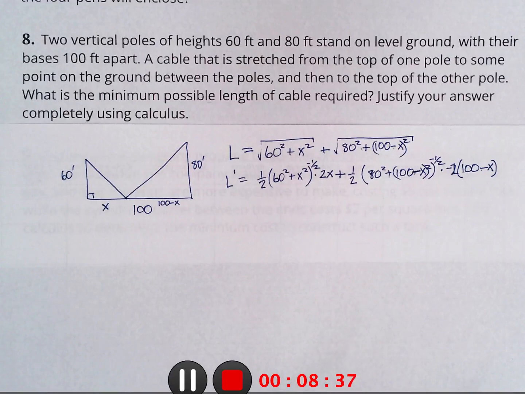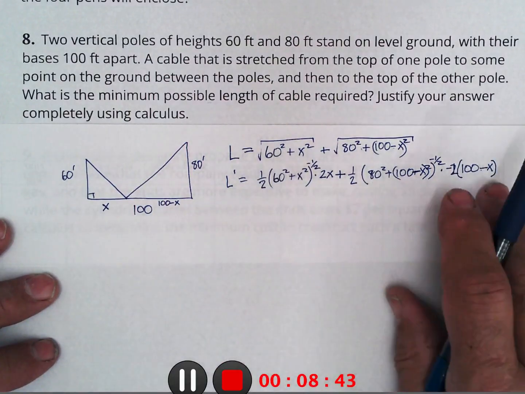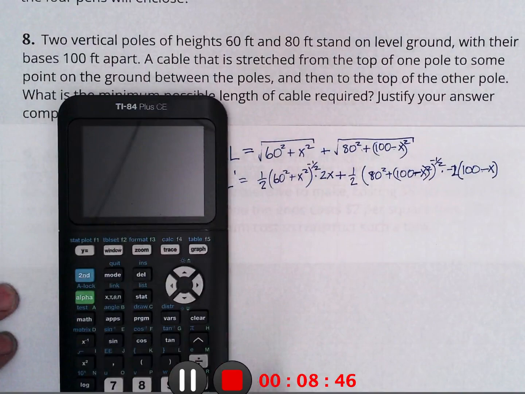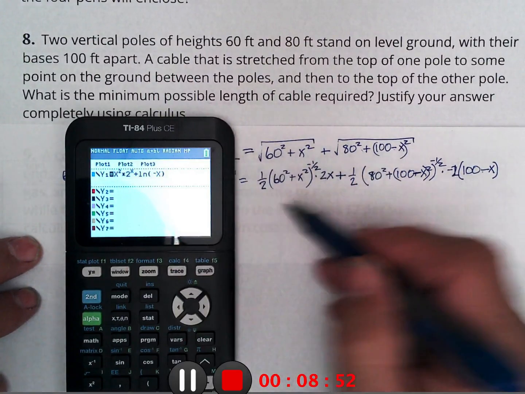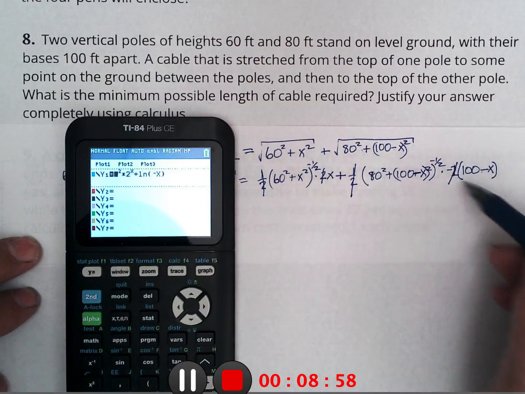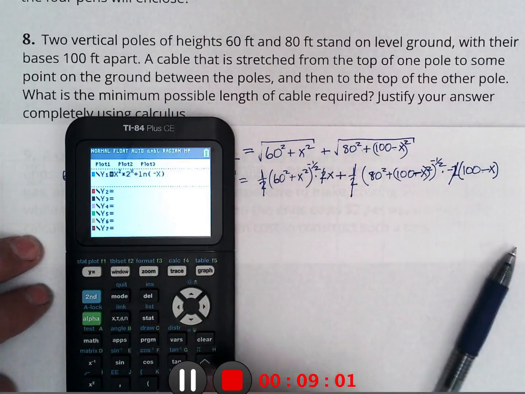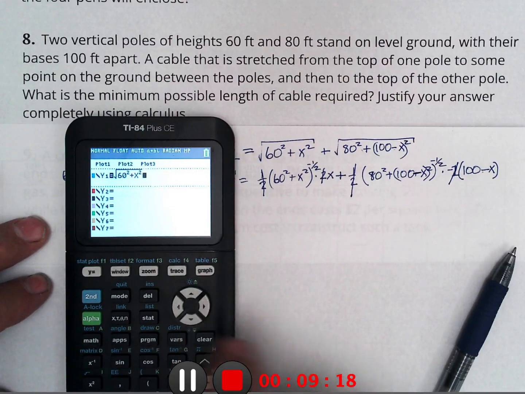Not going to clean up very well, so I'm just going to type that into my calculator and find out when that's equal to 0. That's a lot to type in, but bear with me here. First of all, let's cancel the half with the 2, and this half with this negative 2. So I have the square root of 60 squared plus X squared, and that should be 1 over that.